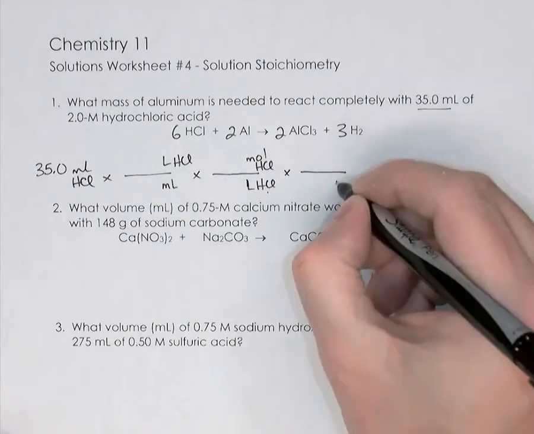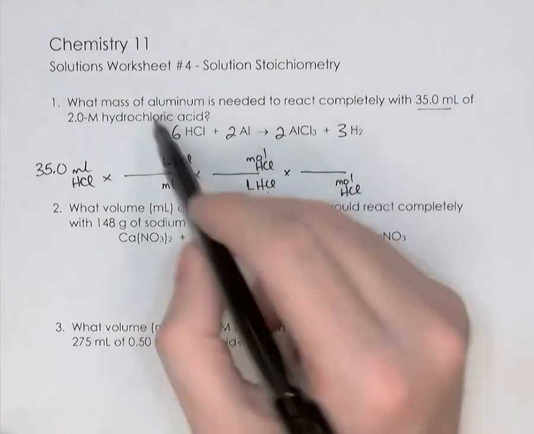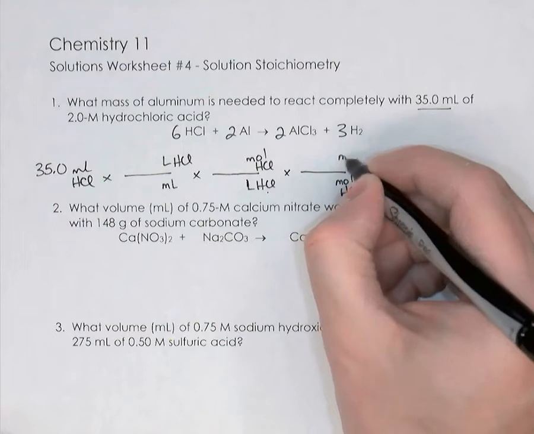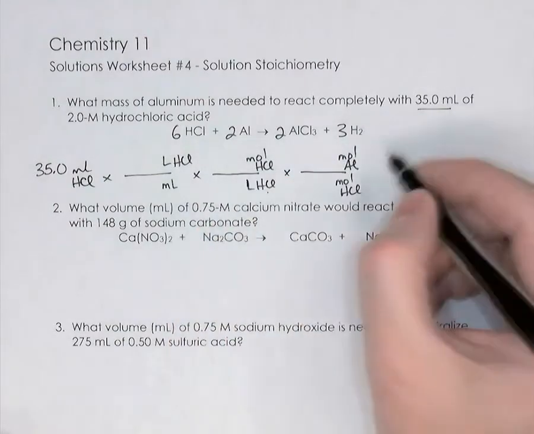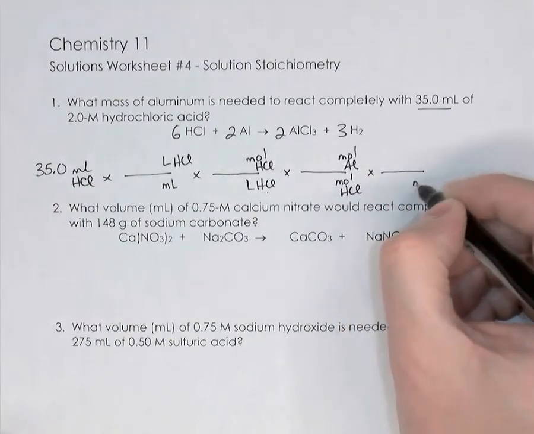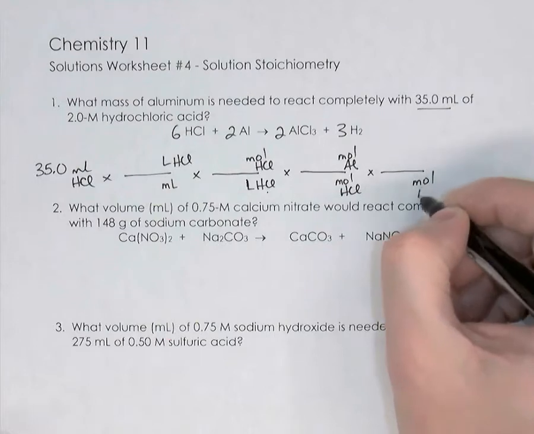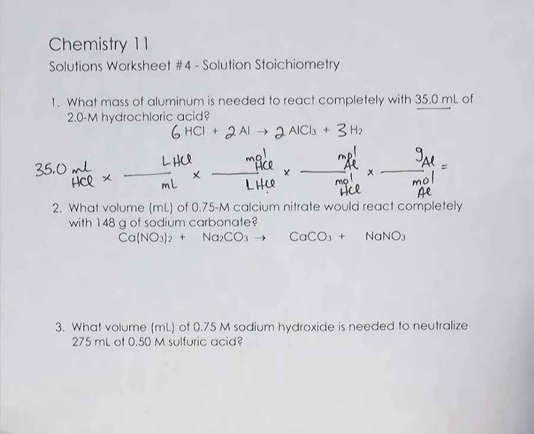We can convert the moles of the HCl into, we're trying to find mass of aluminum, so let's switch to moles of aluminum, and that's going to be using the coefficients. And finally, we were asked for grams, so we'll convert the moles of aluminum back to grams of aluminum, and we'll have the answer to the problem.